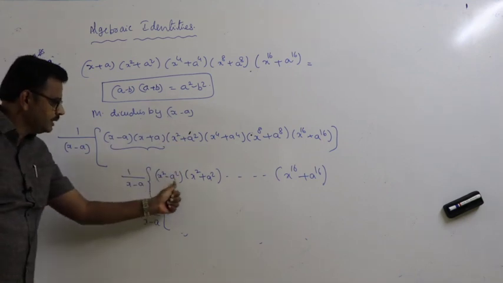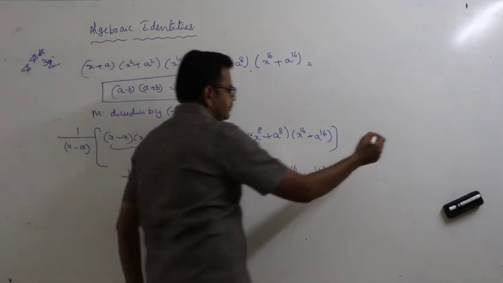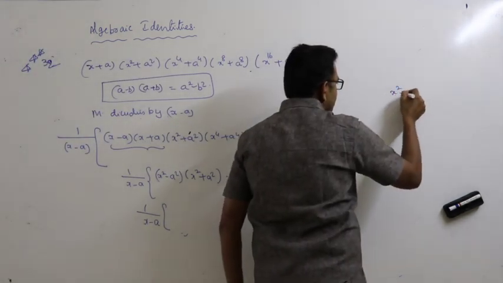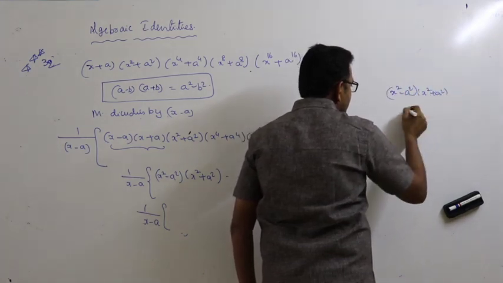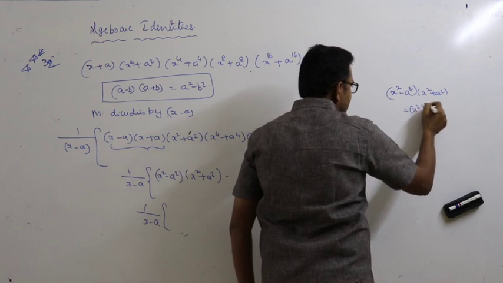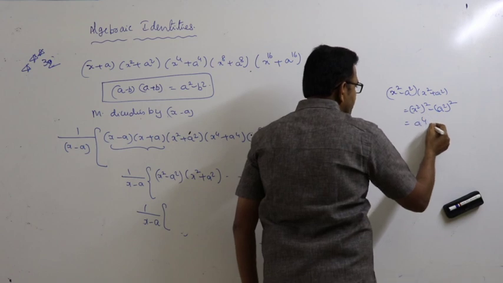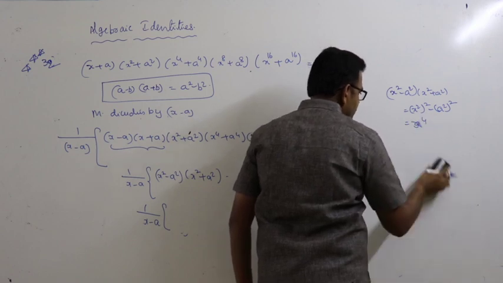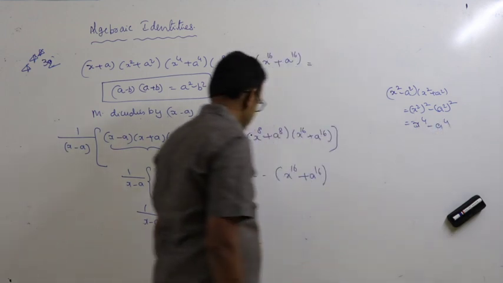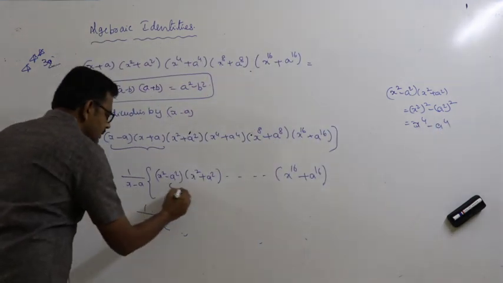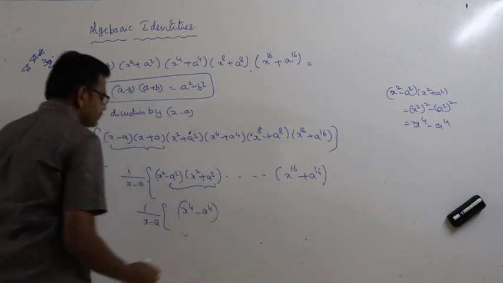Again this is a minus b into a plus b. So here x square minus a square into x square plus a square is equal to a square minus b square, that is x power 4 minus a power 4. So these two together give x power 4 minus a power 4.